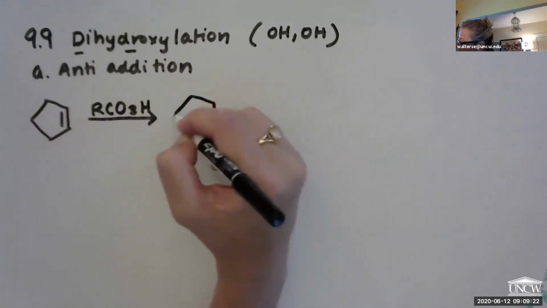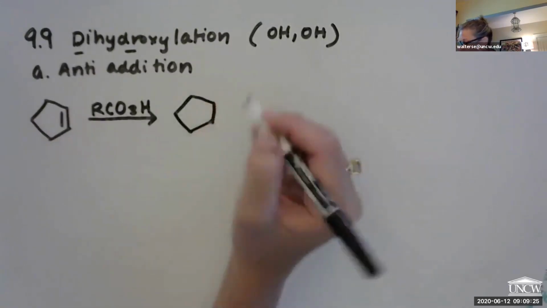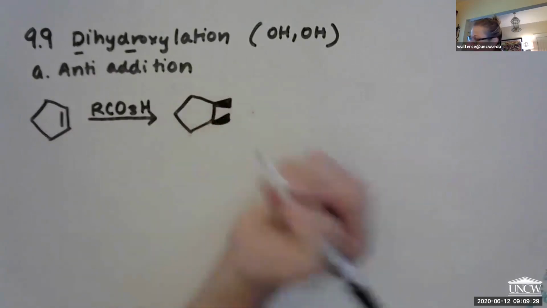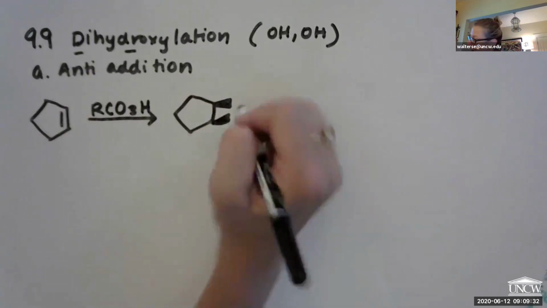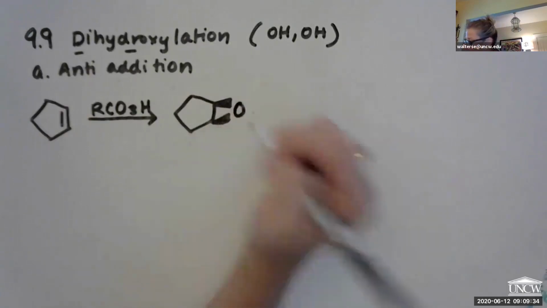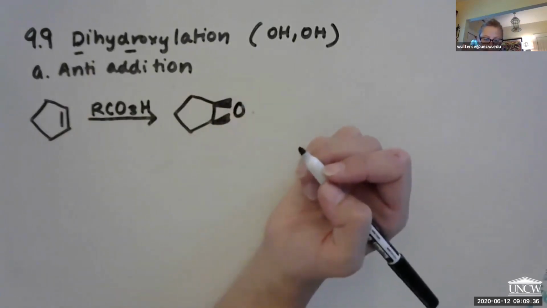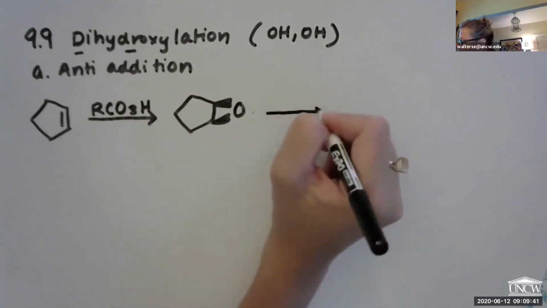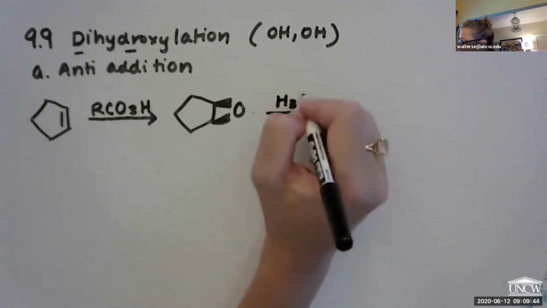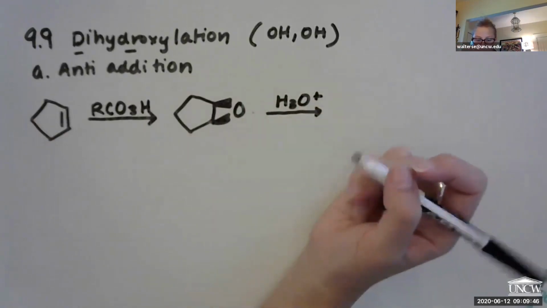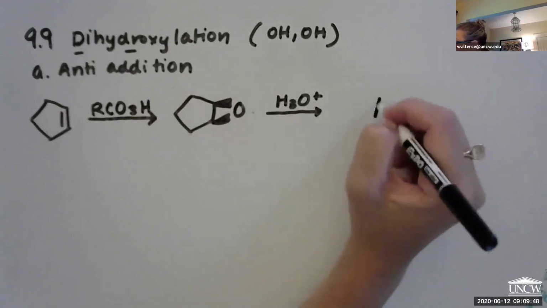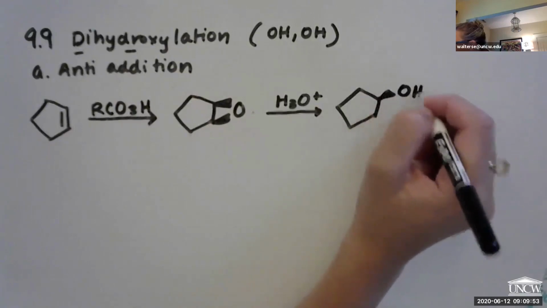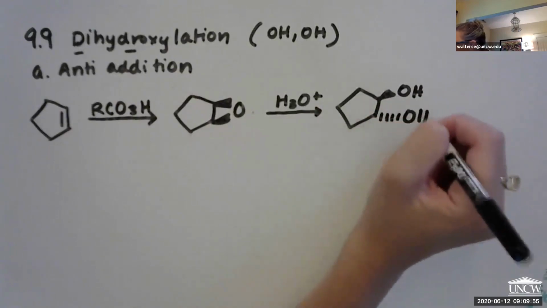Then what happens as the result of that first step is you make a compound in which the 2 carbons that had been in your alkene form a 3-membered ring with oxygen. In step 2, if you treat that 3-membered ring structure with acid, you make a trans diol.